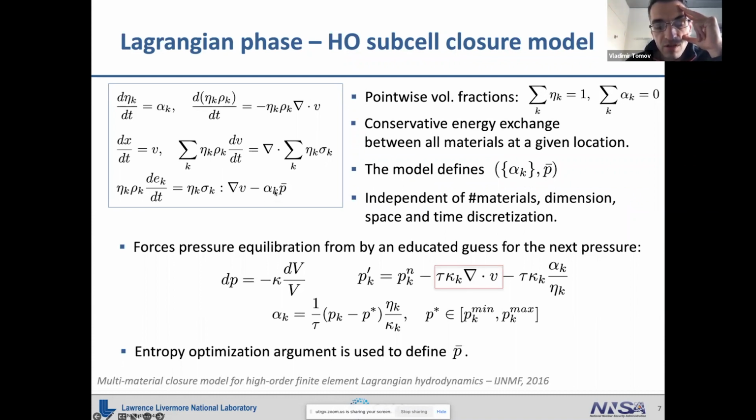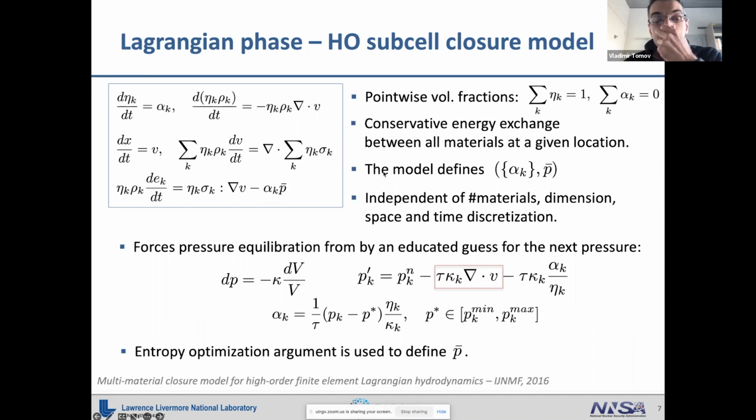The materials heat each other due to the interactions. It's called a closure model because there are no equations for this. People do what they think is right to get robustness in those mixed zones and to get physical results.